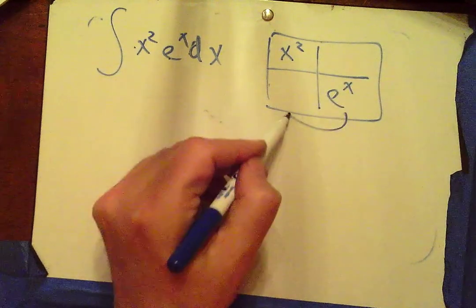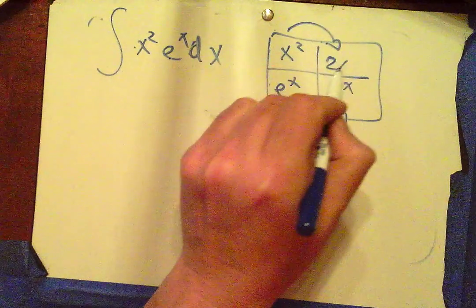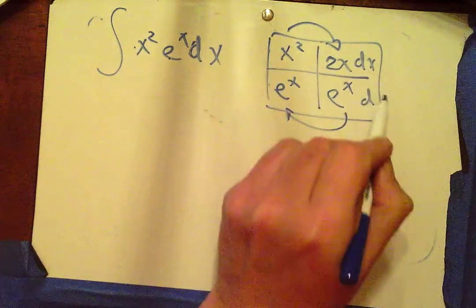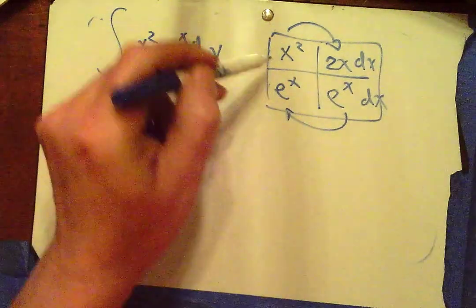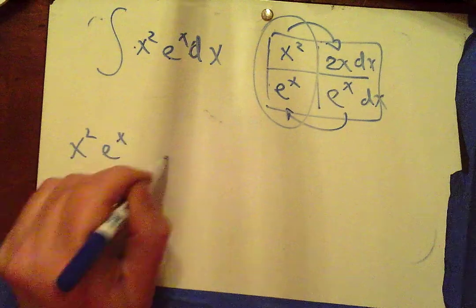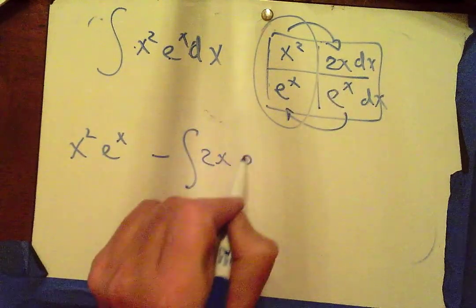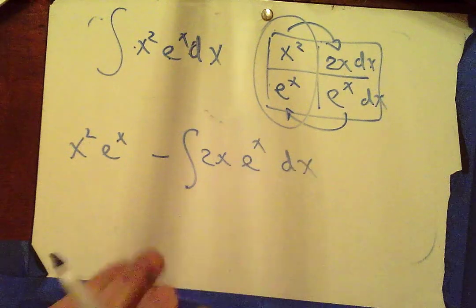So I want the antiderivative this way, and I want the derivative that way. So what's our recipe? This times this, x squared e to the x, minus the integral of this times this, 2x e to the x dx.